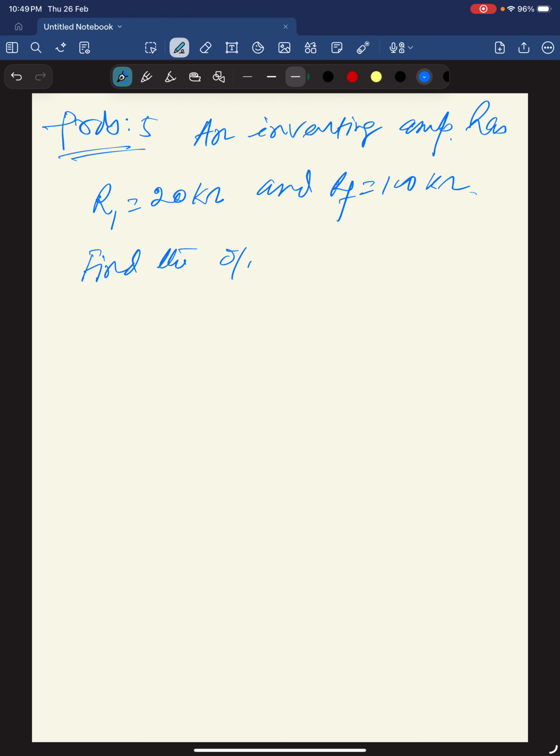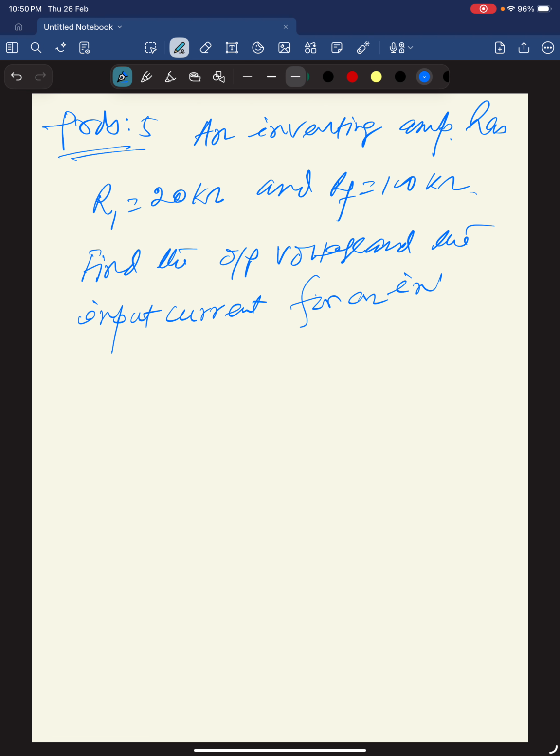Find the output voltage and the input current for an input voltage of 1 volt. Now answer.